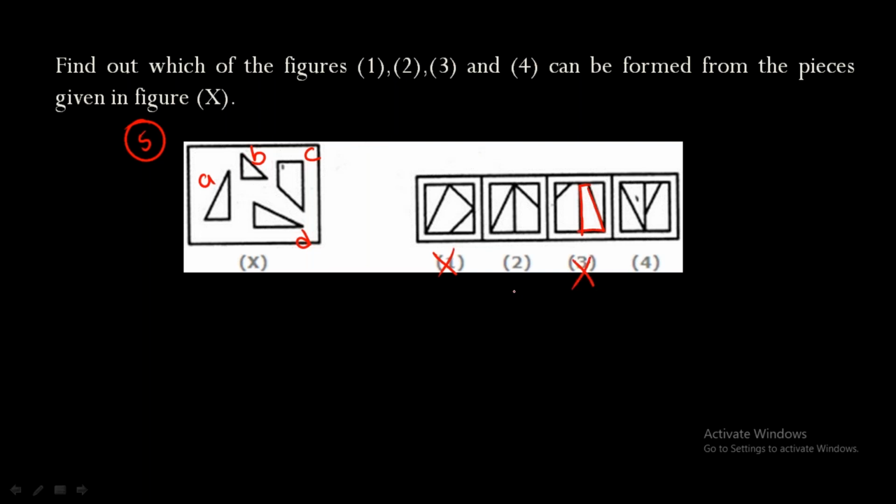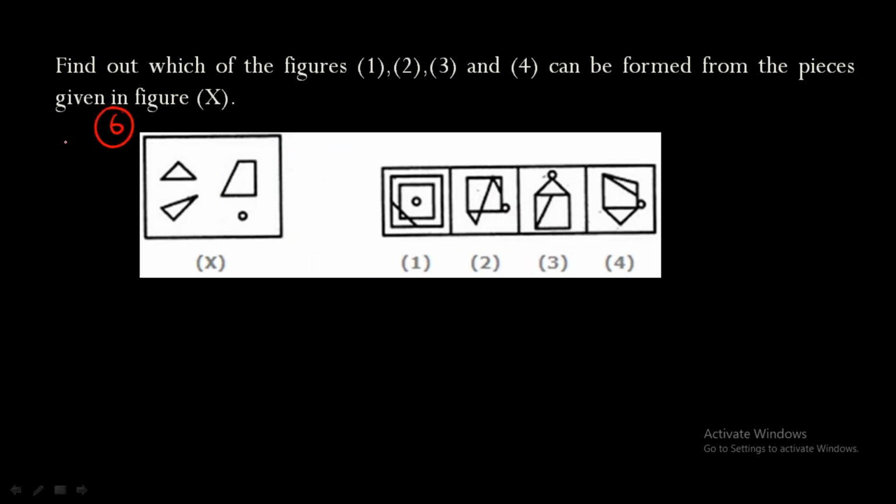This one is also not available. I think we can say this is A and D, whatever it may be. This is C, this is B. Perfectly, the second one is suitable, right? Check once. Okay, fine.